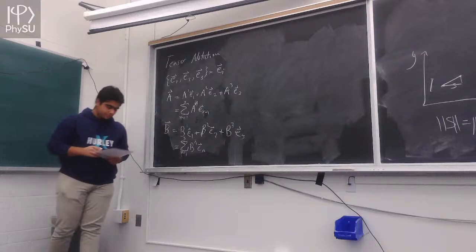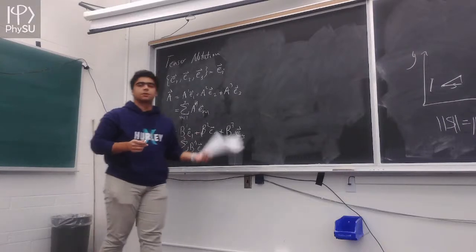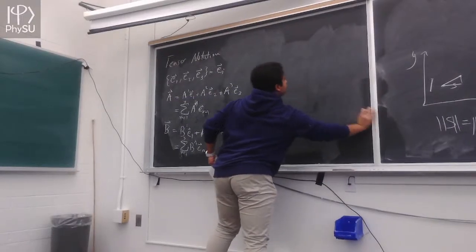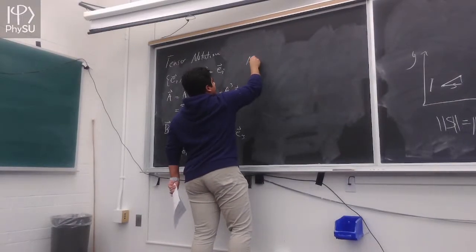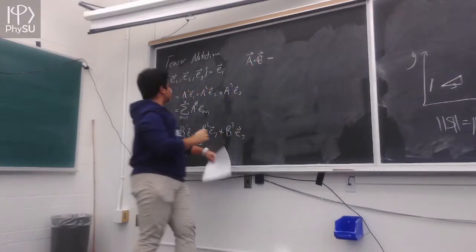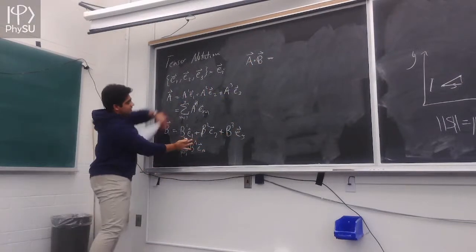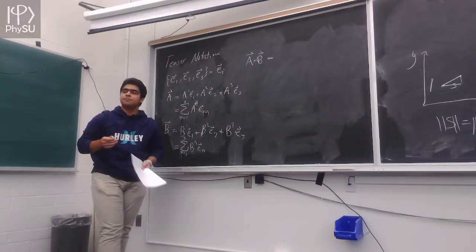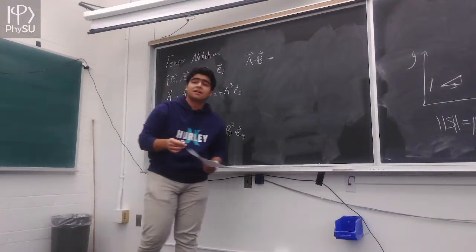Now what I'm going to do is I want to take the dot product of these two vectors. And you will see why in a second, why I'm interested in doing that. So the dot product of A and B. If we just forget about these, what would the dot product of A and B look like? Can someone tell me? Yes?